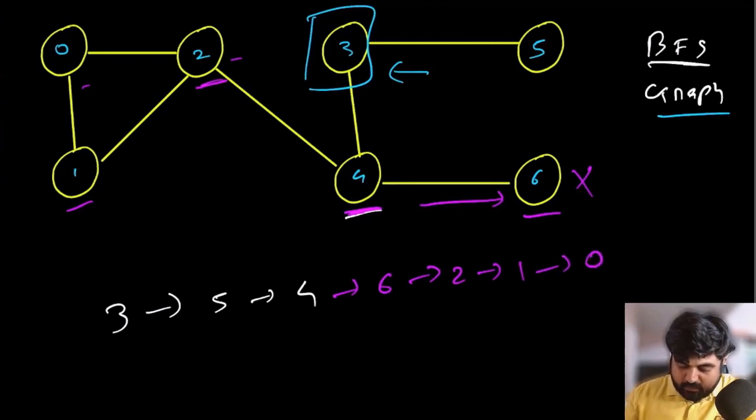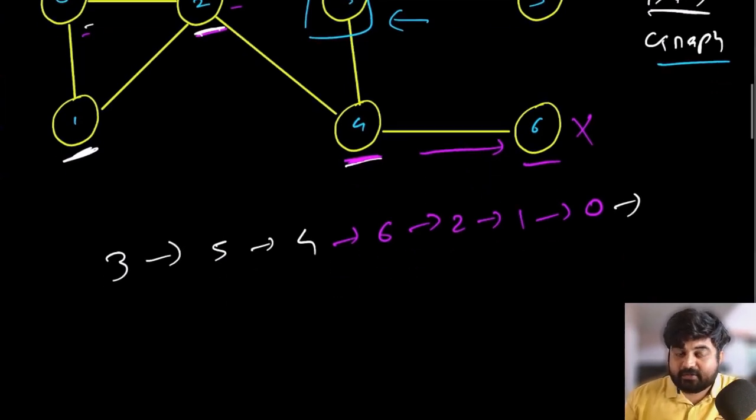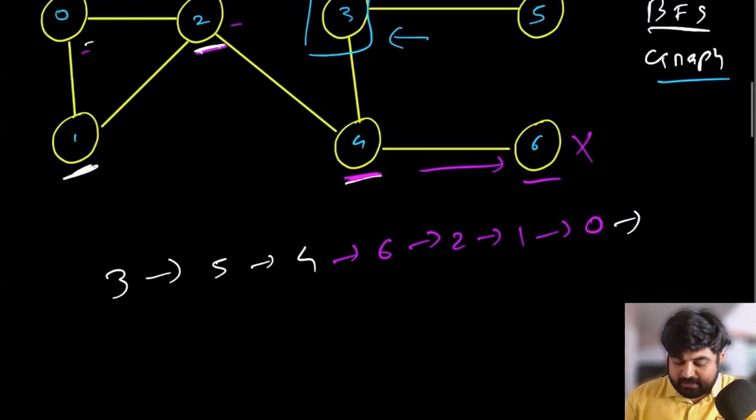Now what would happen at node 1? How many neighbors does 1 have? Well, 1 also has 2 neighbors: the first is node number 2 and the second is node number 0. So if I try to visit the neighbors of 1, I am going to visit node 0 and also node 2. But now what happened is that from this 2, after visiting multiple elements, we came back to the same position.